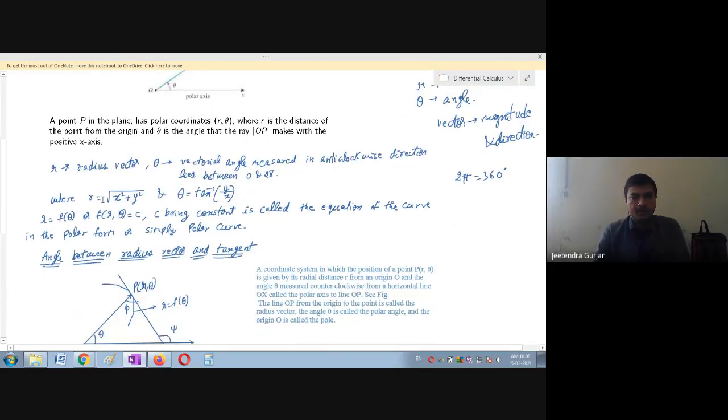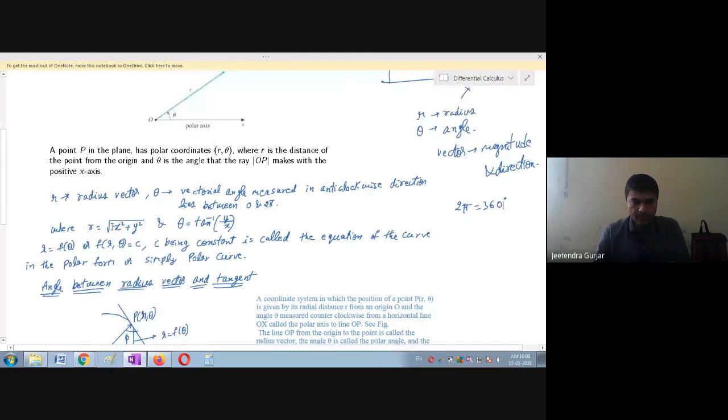And one thing you have to remember: r is equal to the square root of x square plus y square, and theta is tan inverse y upon x. You have already come across tan theta in trigonometry. We take this as y upon x, right? So angle theta is equal to tan inverse y upon x.